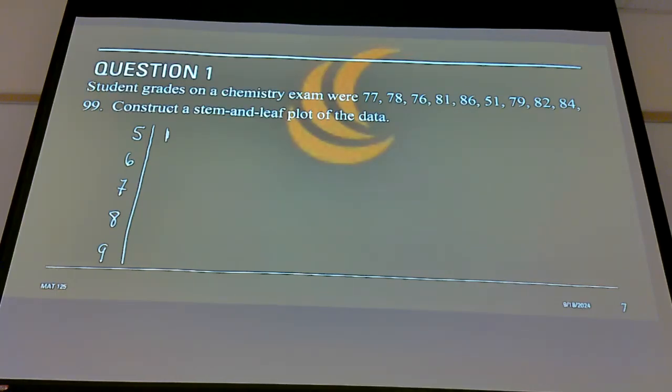So if you have a computer do it for you, that's how it's going to generate it. It just makes that a little cleaner. What about in the 60s? No, so you just leave the leaf blank.